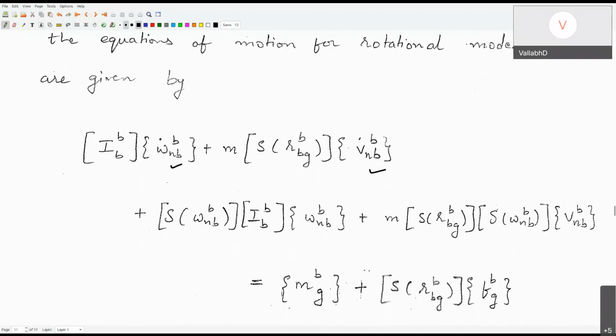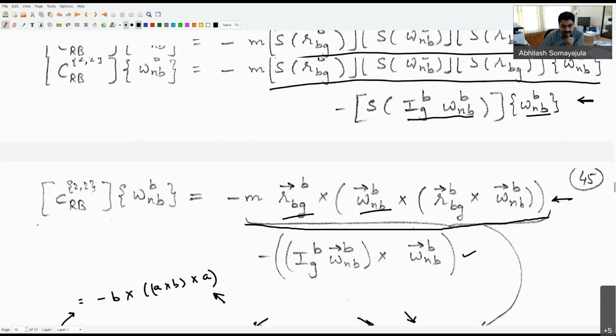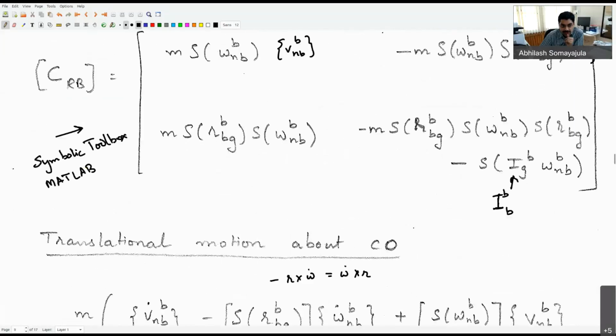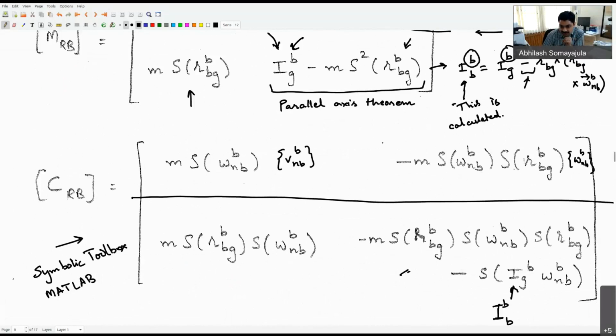Yes. Now, we are again going back, and we are now going to take a look at that CRB matrix, again bottom half. We have this term which is now simplified. What does this term become? It now simply becomes S of IBB times omega nB, right?